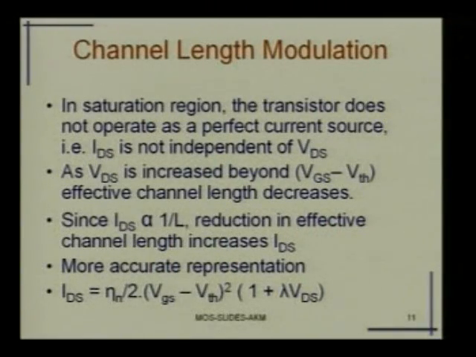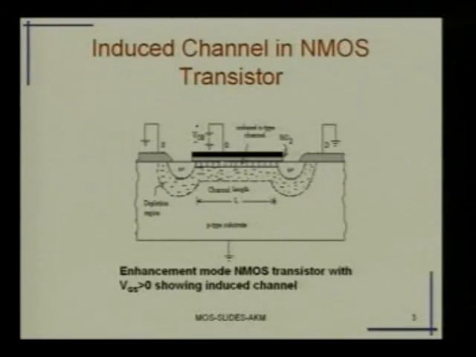Now, let us come back to the question that I had already mentioned, that apparently although the channel is in the saturation region, the current should have flattened off, that means it should be truly saturated, it was not, it was increasing to some extent. That is, the characteristics were here.